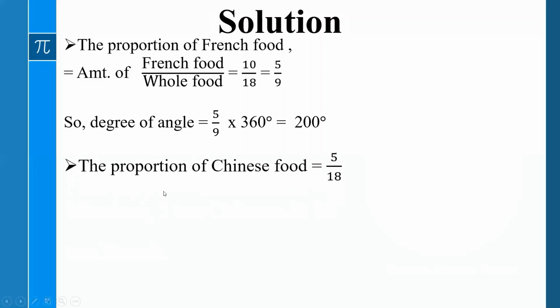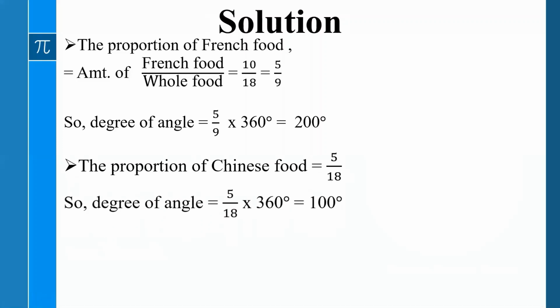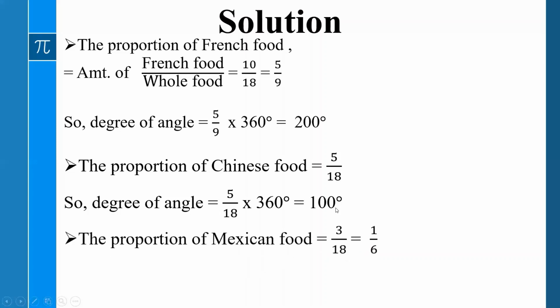Same way, the proportion of Chinese food is equal to the number of Chinese dishes, which was 5, divided by the total number of dishes, that is 18. Converting this 5 upon 18, we will multiply it by 360 and get 100 degrees. Next is the proportion of Mexican food.